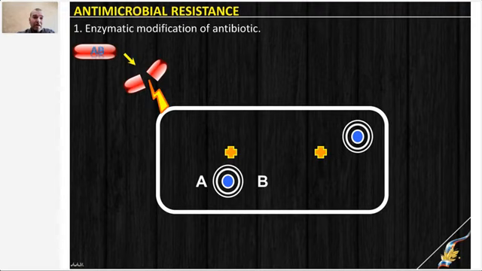Those enzymes are released into the environment, and the bacteria is surrounded by them. We already know that an antibiotic should affect some precise organelle or structure of the bacteria. It should get into direct contact. So when the antibiotic tries to get close to the bacteria, it will be inactivated or even destroyed by those enzymes.